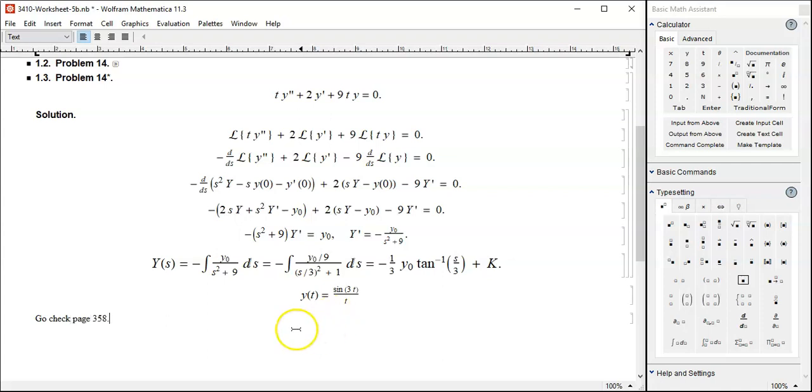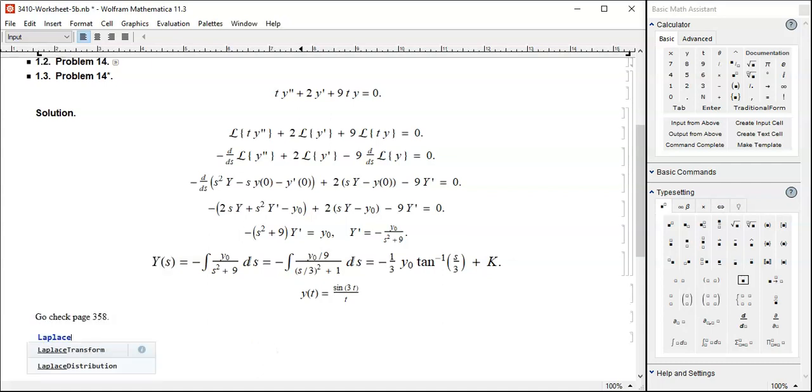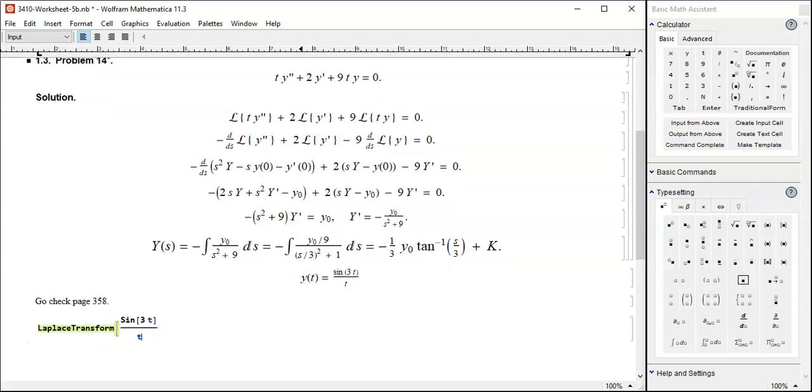For this computation, give or take some sign. Okay, so we need some coefficient here. That's not too much of a problem.